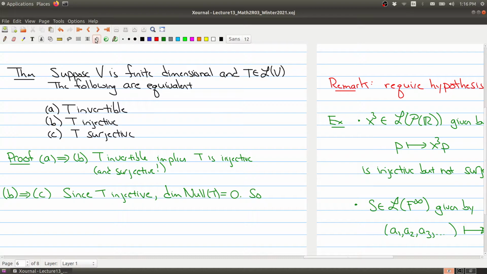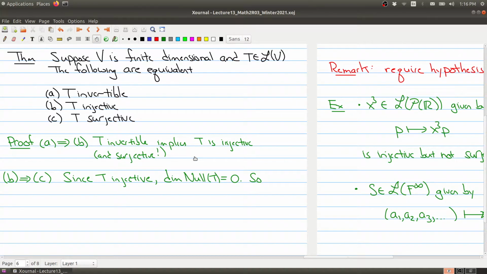Now what we want to do is show that if we have an operator, and if T is injective, then the map is also surjective. Since T is injective, we know that the dimension of the null space of T is 0. This is one of the criteria for being injective.